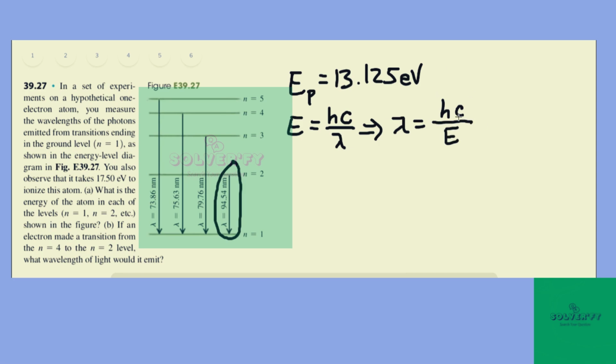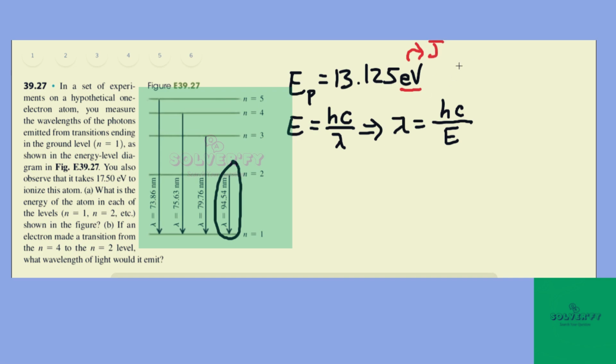Now, I want to point something out. If you looked up the values for h and c and just plugged these numbers into a calculator, you'll actually get the wrong answer here, because we have our energy in electron volts, and Planck's constant has energy in joules. To get around that, it's pretty easy to go from electron volts to joules.